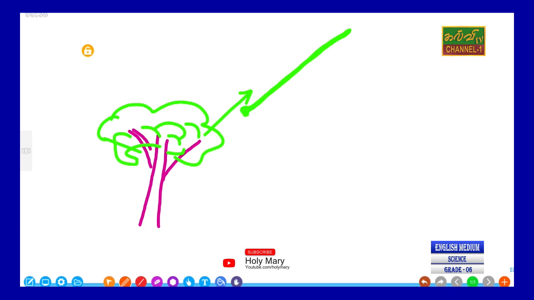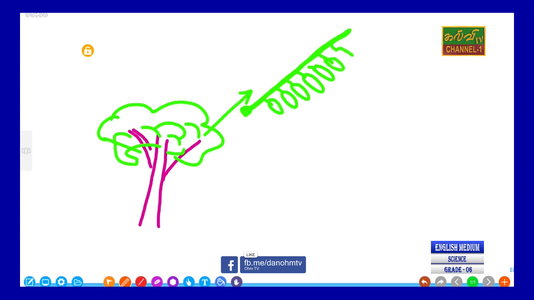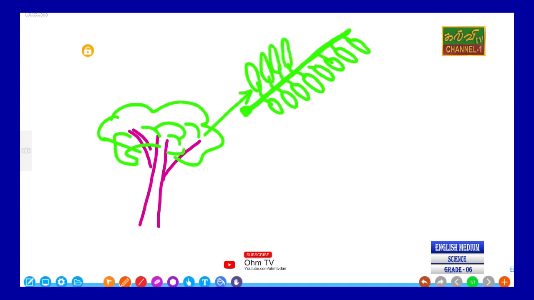In the daytime they show the fresh condition, and you can find the leaves like this. Normally, Leguminosae family plants show this.